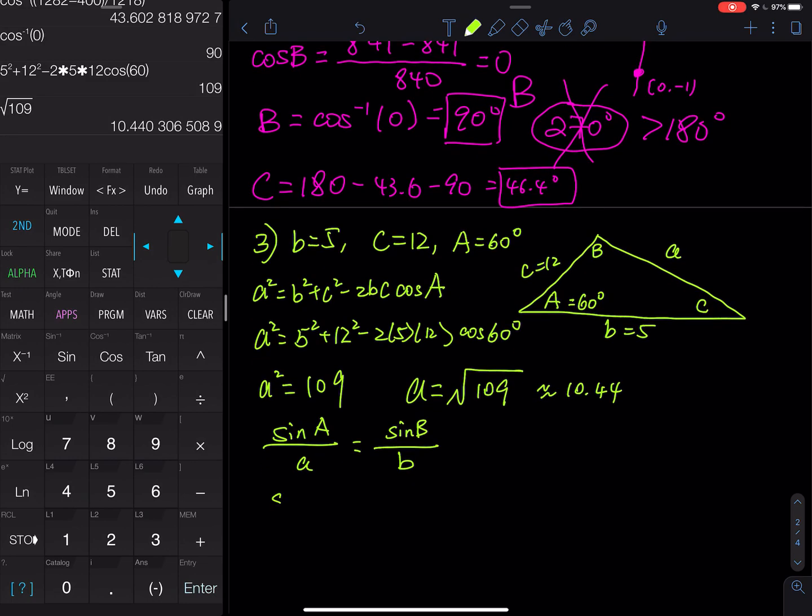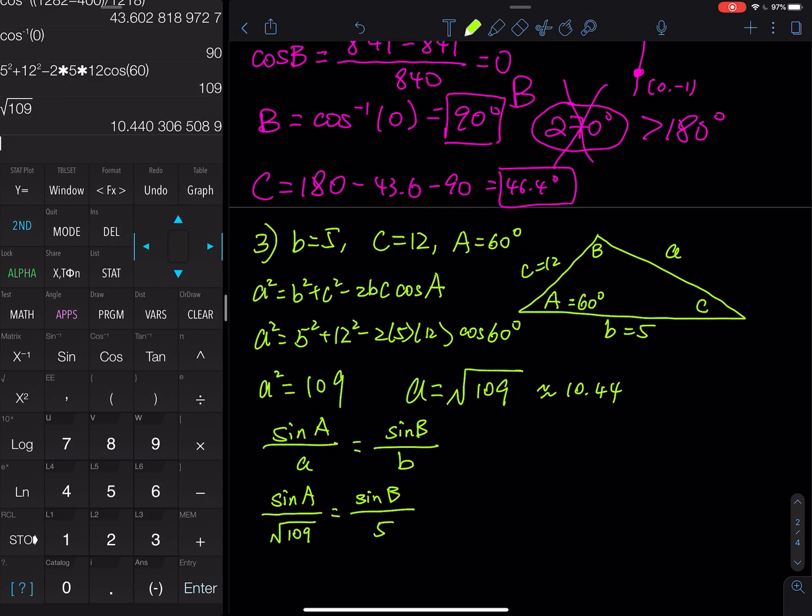So A, I have 60. This one you can use the approximation or you use the square root of 109. I am a person who tries to avoid round-off error, so I will use the exact value, square root of 109, and then sine B, and then small b is equal to 5.